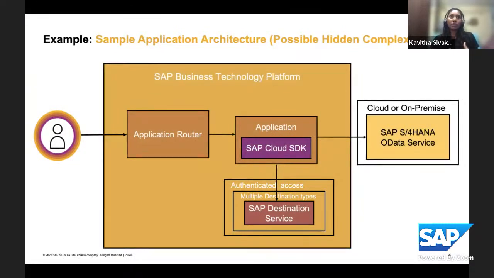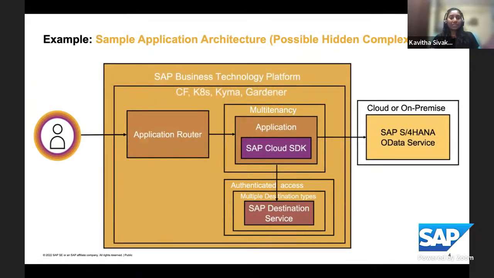For example, depending on the authentication flows that they have, you could have client credential or OAuth2 based authentication destination, or also a simple basic auth. So in your application, you should also be aware that there are multiple destinations that you could talk to or interact with. And then finally, your application could also be a multi-tenant application.